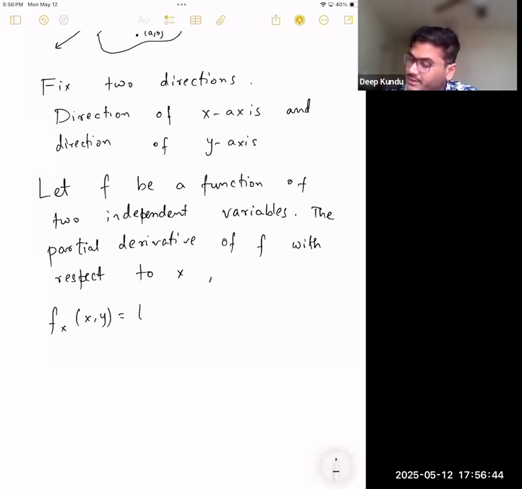It's going to be limit h approaching 0. And now we are going to fix the other variable y. So if we are doing the partial derivative with respect to x, we consider the other independent variable y, we treat it as a constant. So this is going to be f of x plus h, y stays the same, minus f of x, y, over h, right?